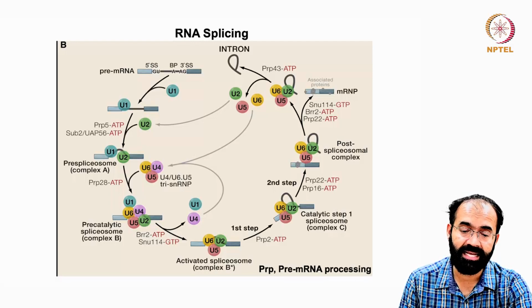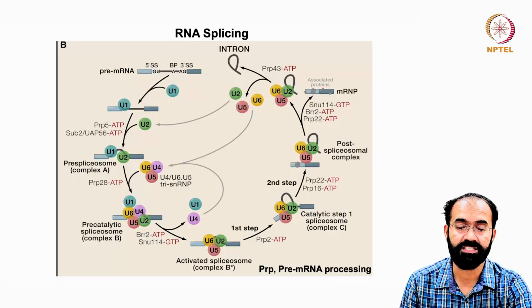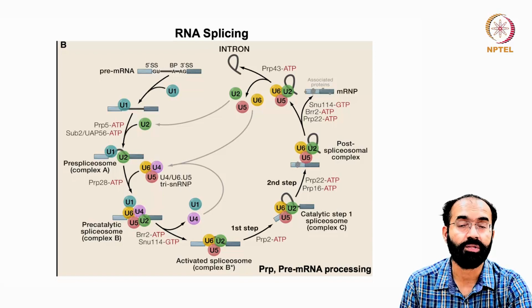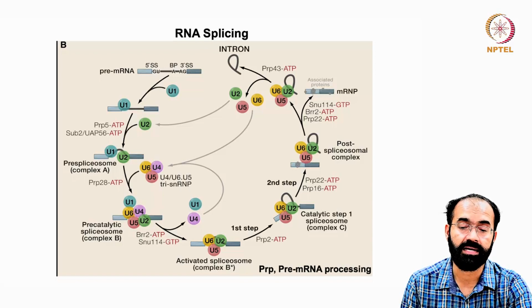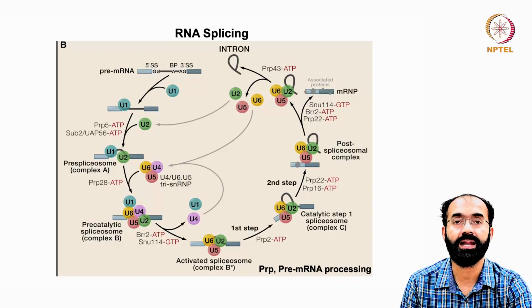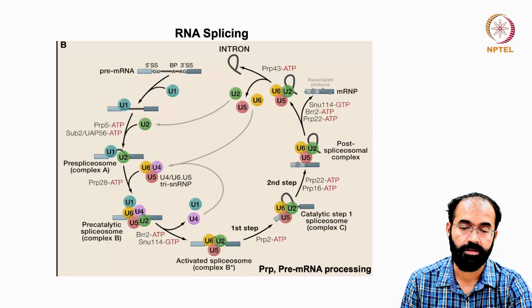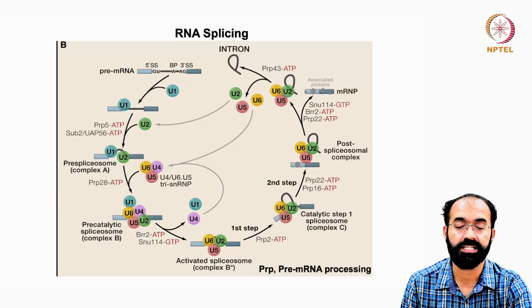And again there is utilization of ATP to disassemble this complex, U6, U2 and U5 disassemble so that the intron lariat is released, and once the intron lariat is released, U2, U5 and U6 are ready to participate in one more round of reaction. So this is the actual splicing event that takes place in a sequential manner.